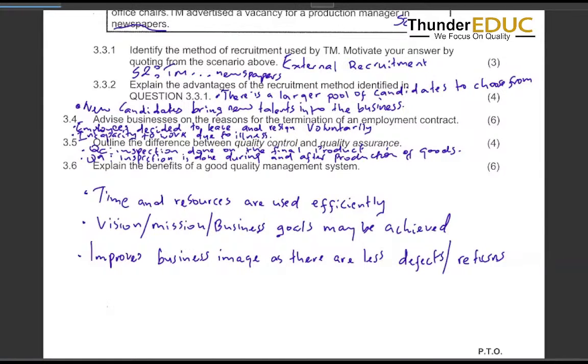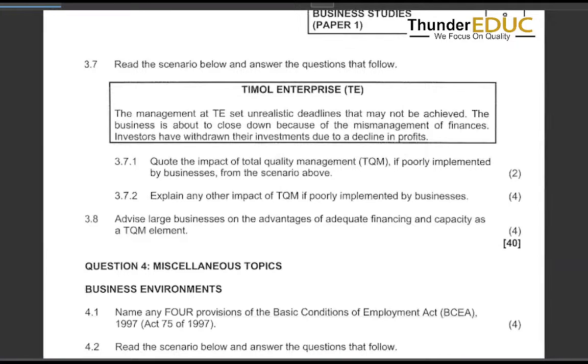Okay, grade 11. Now let's jump on to question 3.7. So 3.7 reads as follows. Read the scenario below and answer the questions that follow. If you check this scenario, we are being told that the management at Timol Enterprise set unrealistic deadlines that may not be achieved.